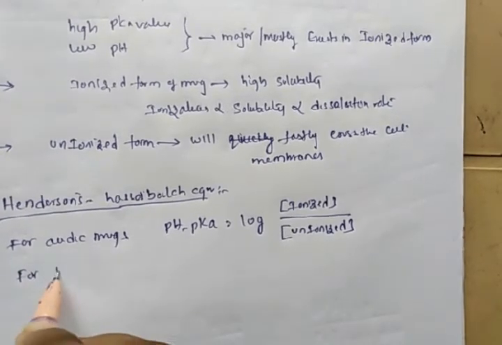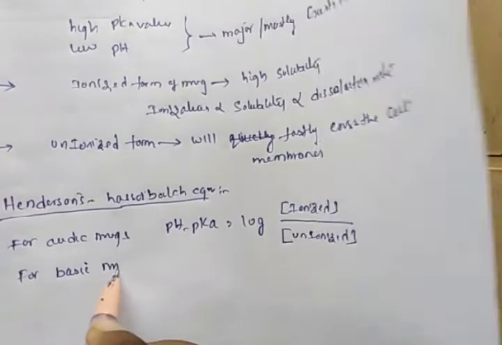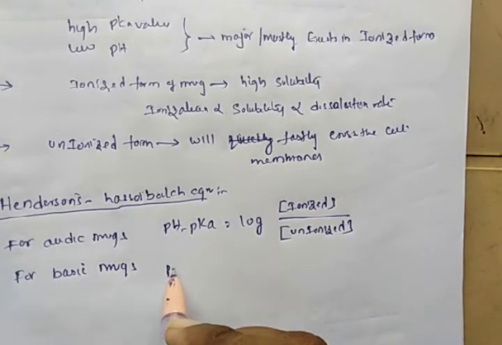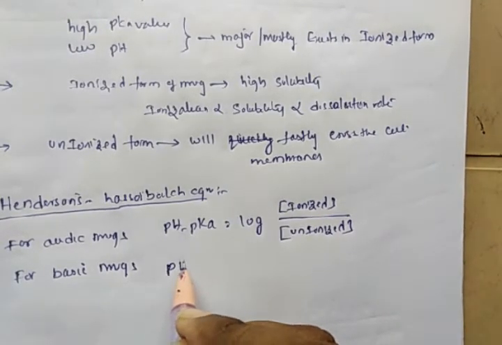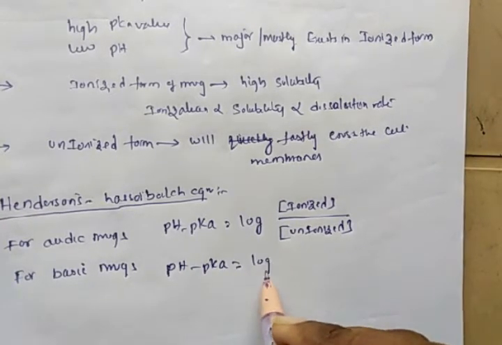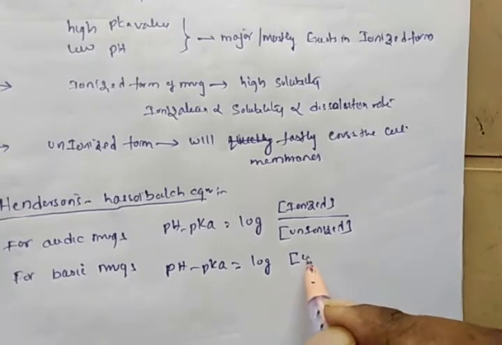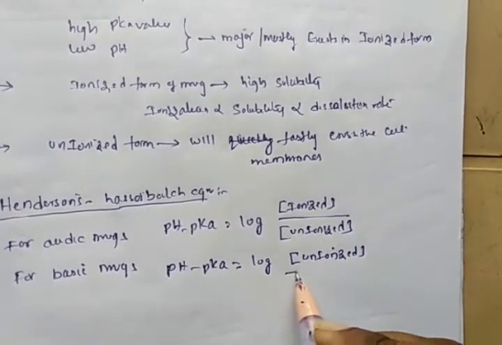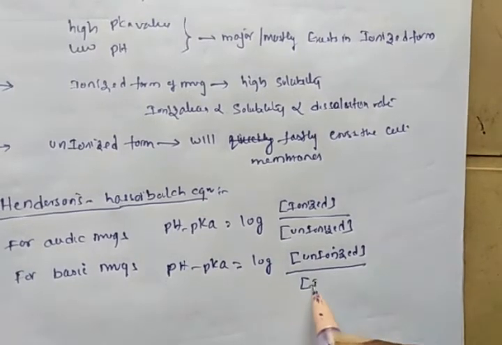For basic drugs, the Henderson-Hasselbalch equation is pH minus pKa is equal to log of the concentration of unionized drug to the concentration of ionized drug.